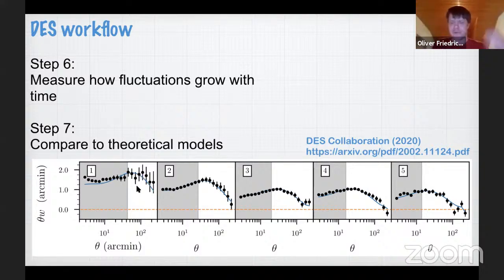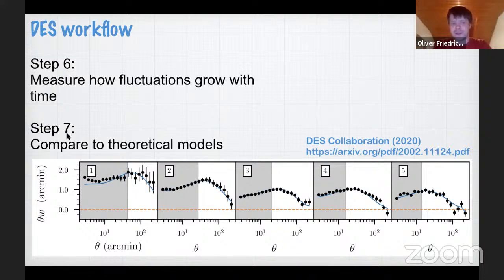Remember, in the map that we just created, we singled out galaxies in a particular distance range. In our main analysis, we looked at 5 different distance ranges. In each of these, we create a map of the universe and measure the amplitude of fluctuations as a function of scale.